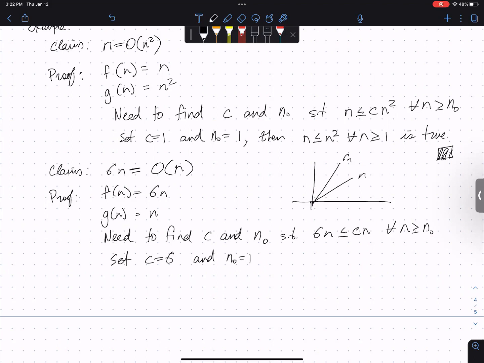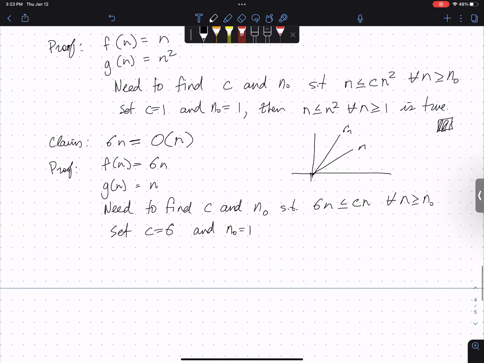They're representing running time, number of steps, as a function of input size. So we're really only interested in these functions when n is at least 1. That's why we set n naught to be 1 as a default, unless we need something more.